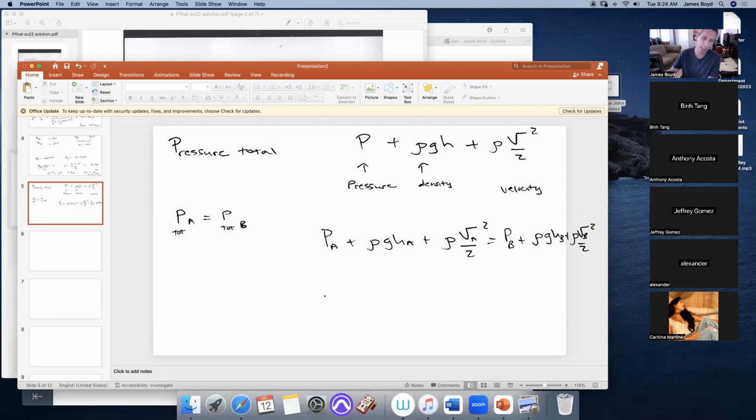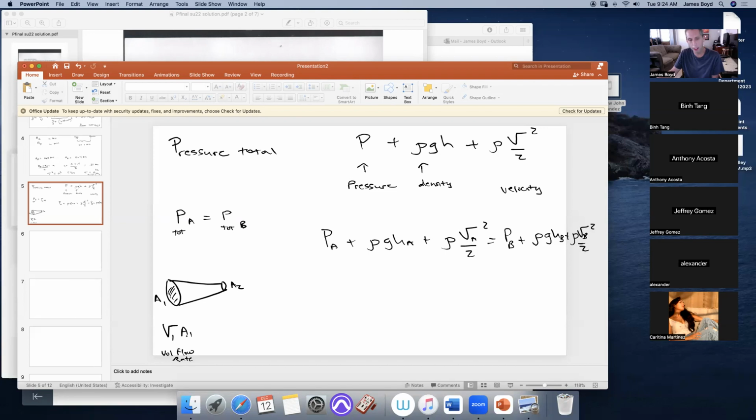The second thing we have is the continuity equation. What the continuity equation says is if you pass through a pipe that changes in area, the cross-sectional area, this is pi r squared, this is pi r squared, obviously the area falls. If we take the velocity times the area, we get what is called the volume flow rate.